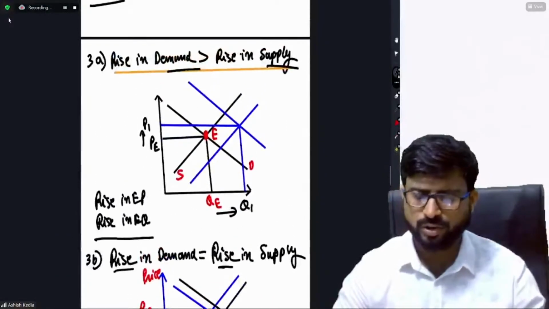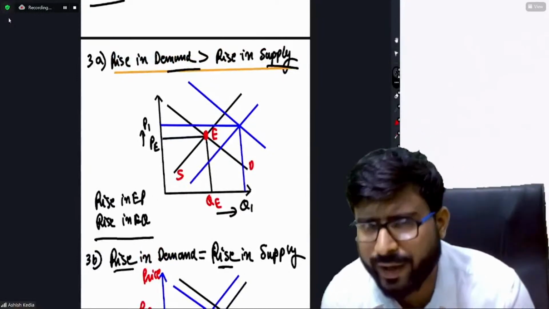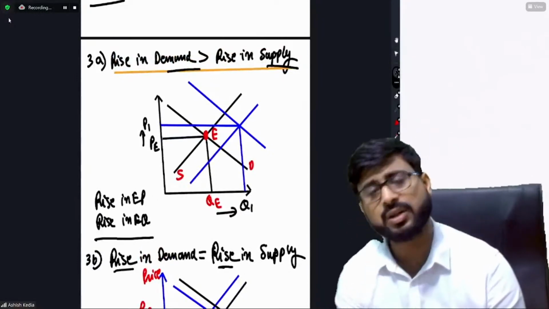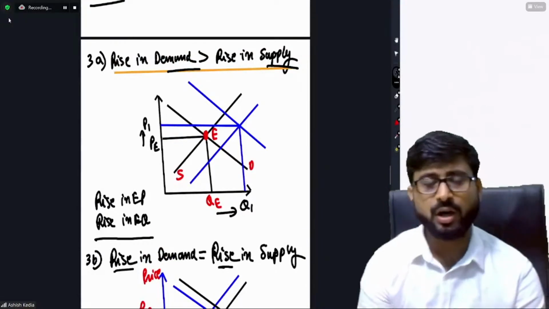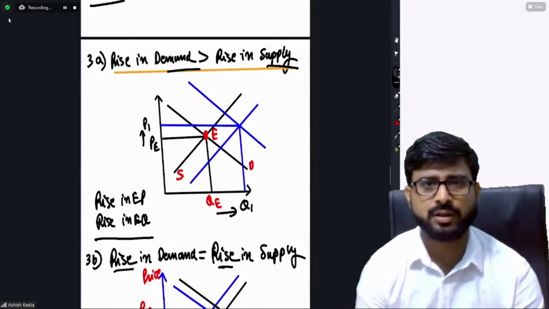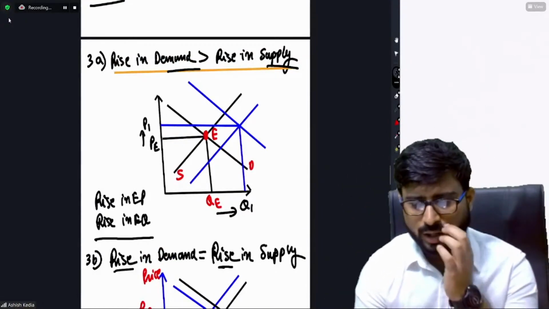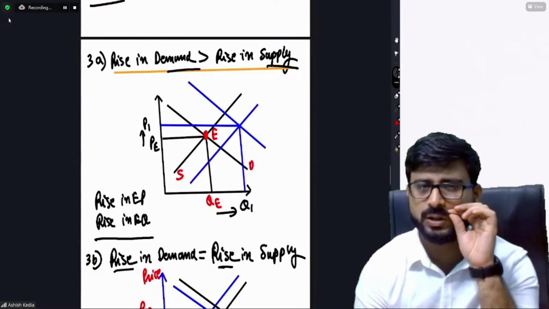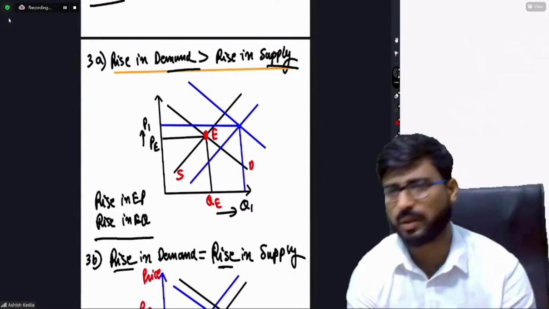3A and 3B. So did you see why I told you today's class is all about graphs? Because we will be drawing a lot of graphs today, and graphs will give us the answer to all the particular questions asked in this chapter.